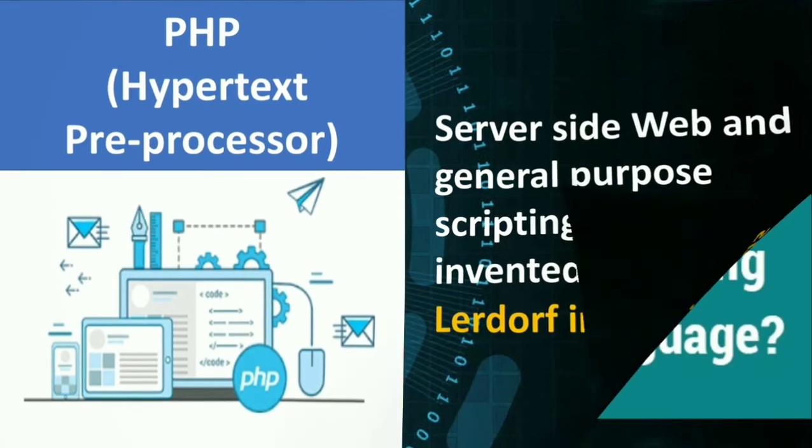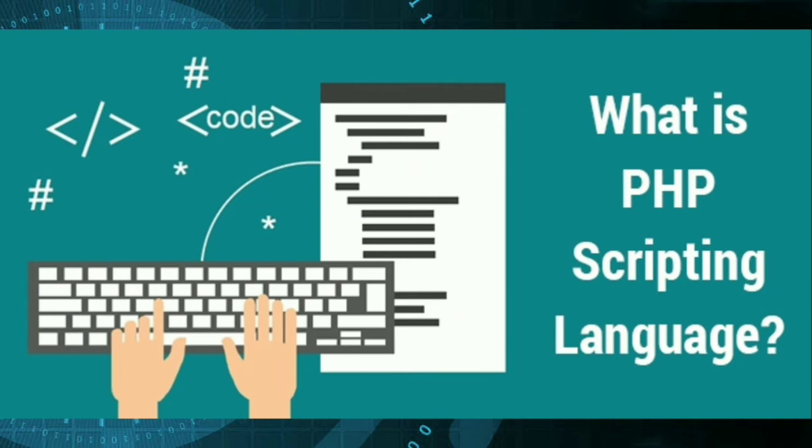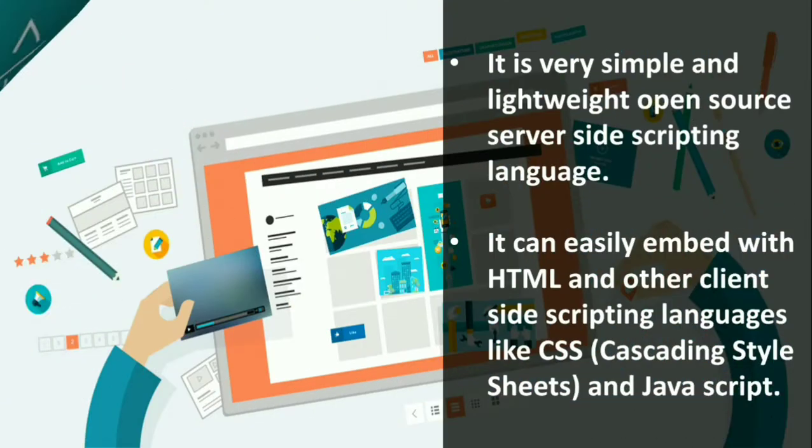So let us see what does PHP scripting language. So PHP scripting language is very simple and light-weighted open source server-side scripting language. So as I told, server-side scripting language means the complete program will be executed on web server. So look at this picture. Actually, this is the web page. So you can design this web page using all these languages.